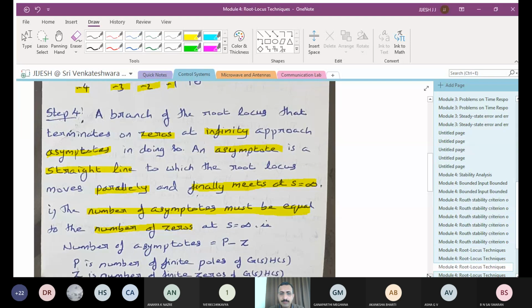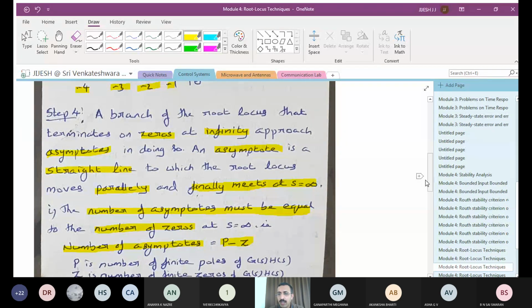Now we have to see that the number of asymptotes must be equal to the number of zeros. So how do we find the number of asymptotes? The number of asymptotes can be found using the equation P minus Z. P, I have already told you, is the number of poles, and Z is the number of zeros of the transfer function.